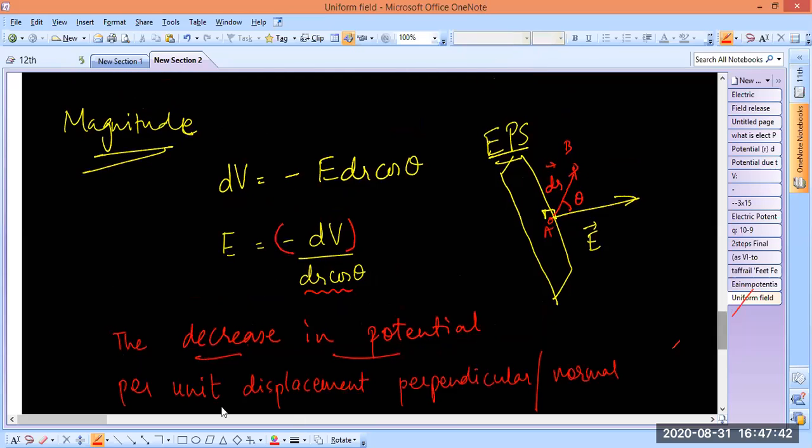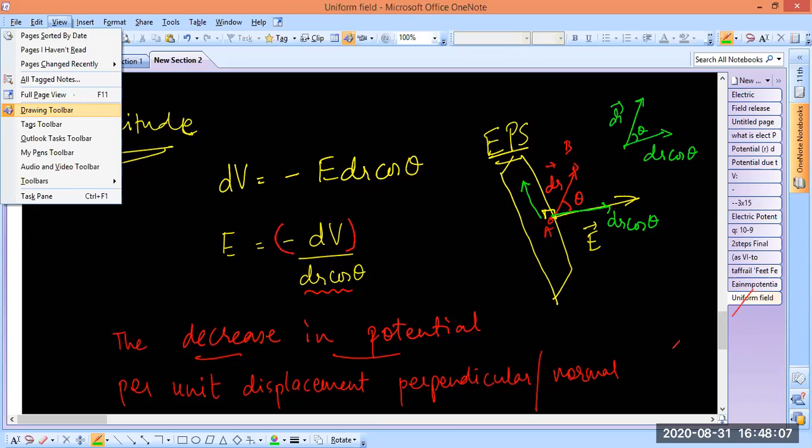Let's take its components. One component is going to be like this, and another component is going to be like this. So do you realize that this green component, which is in direction of electric field, is dr cos theta, right? I hope you understand what I'm saying. This is dr vector, this is theta angle, then this component should be dr cos theta, right?